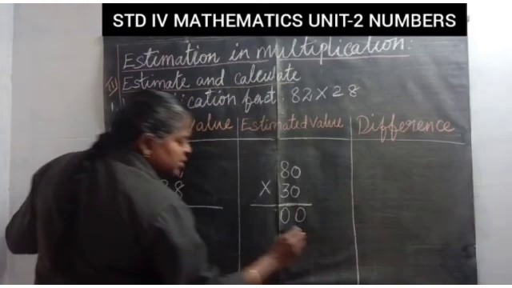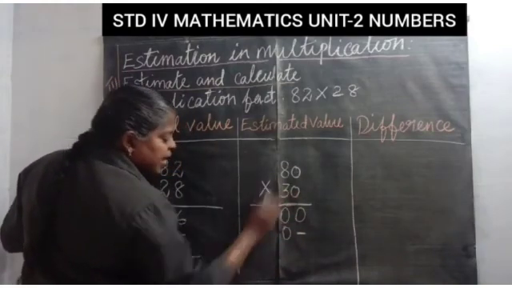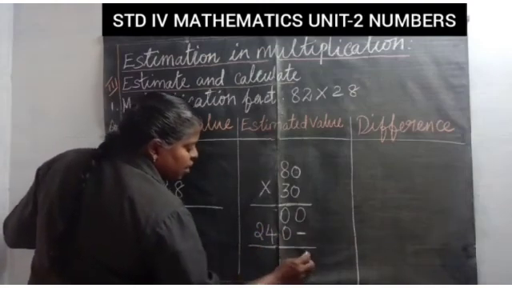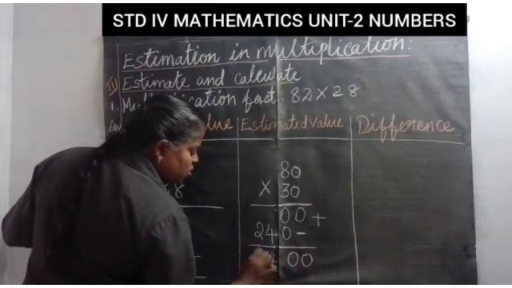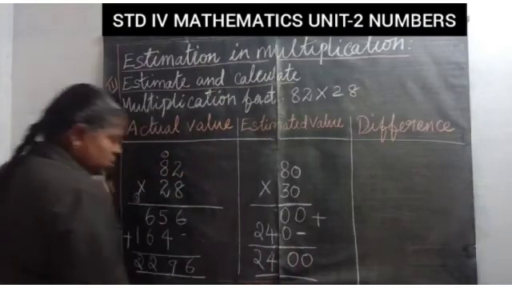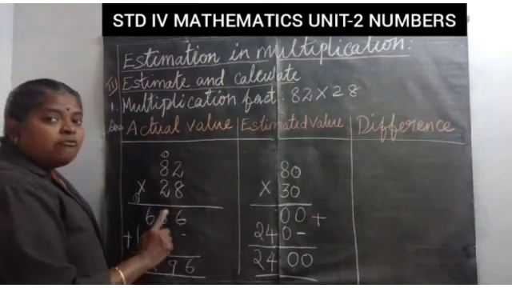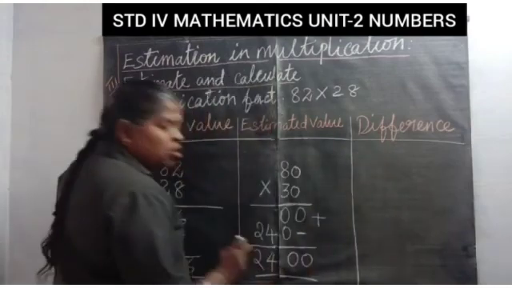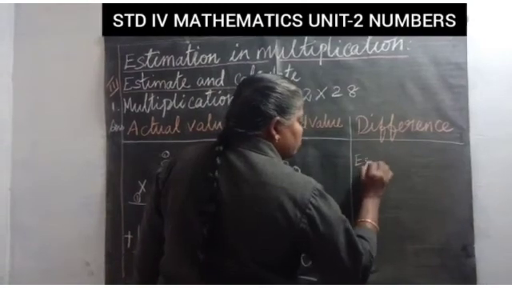Leave one space. 3 zeros are 0. 3 eights are 24. Then add: 0, 0, 4, 2. So 80 into 30 is 2400. The greater value is 2400.